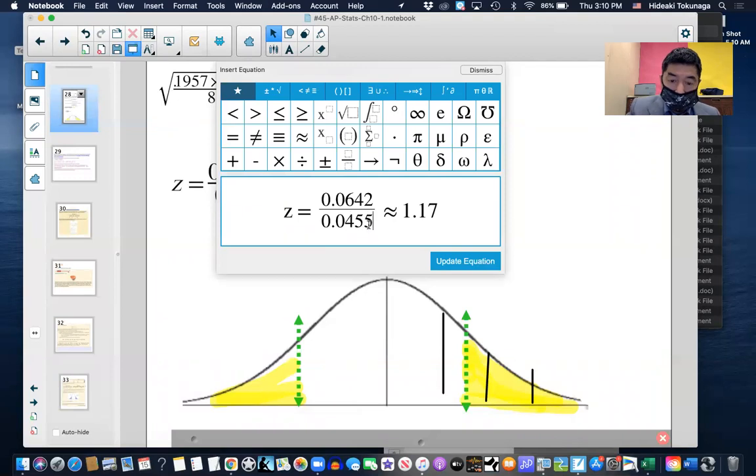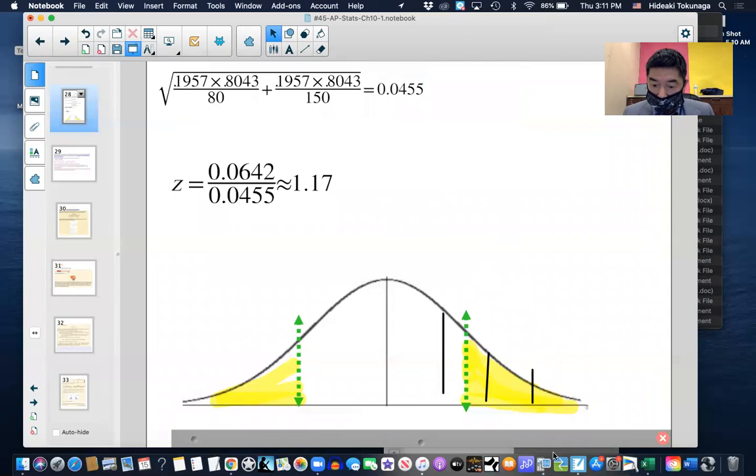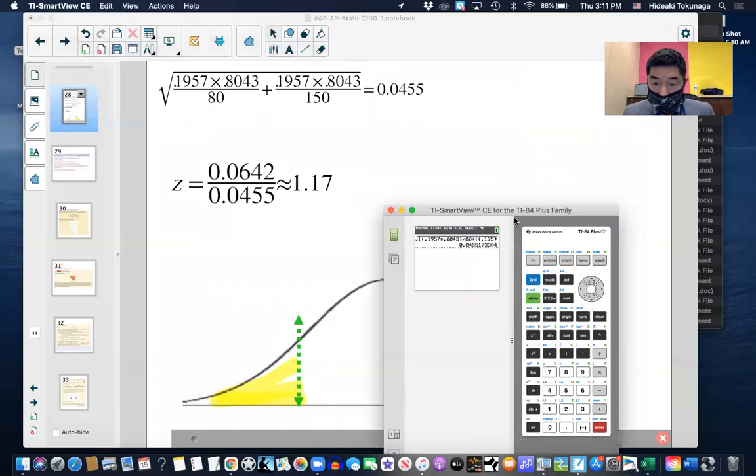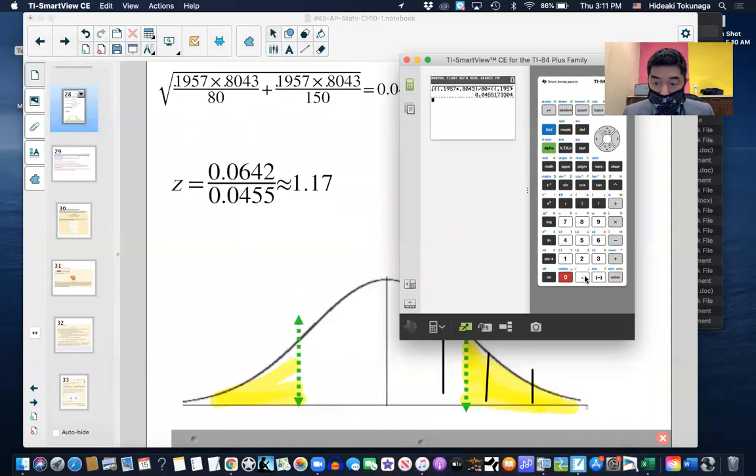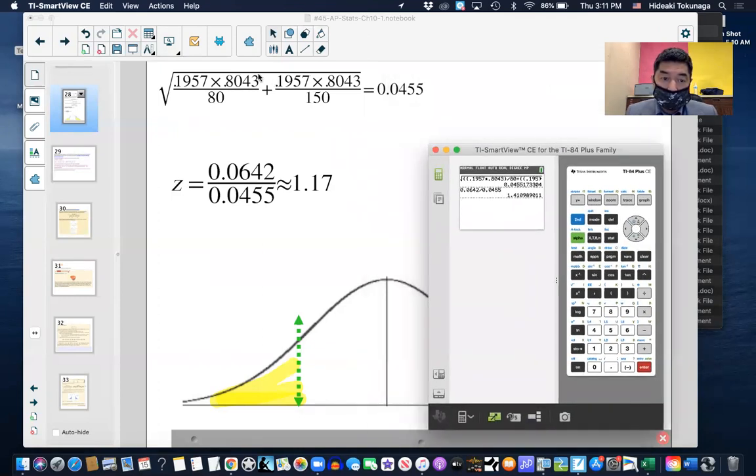Let's see what number this becomes. I think it becomes 1.17. The difference of the percentages is 0.0642, divided by 0.0455. I think I forgot to close the bracket here.